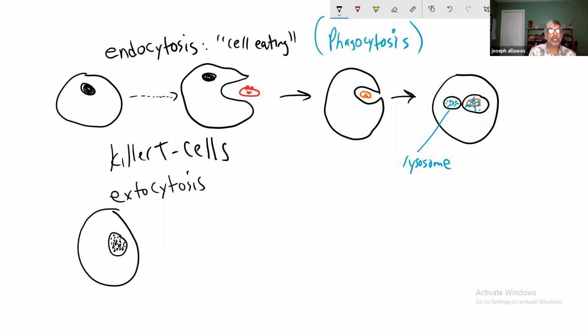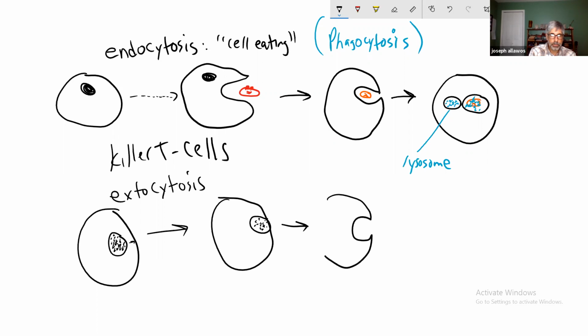Think about the mammary glands, right? They produce milk in cells, and they have to get that milk to the outside. So this vesicle full of milk will come and merge with the edge of the membrane like this, and then ultimately it gets released to the outside. Little baby gets its milk.